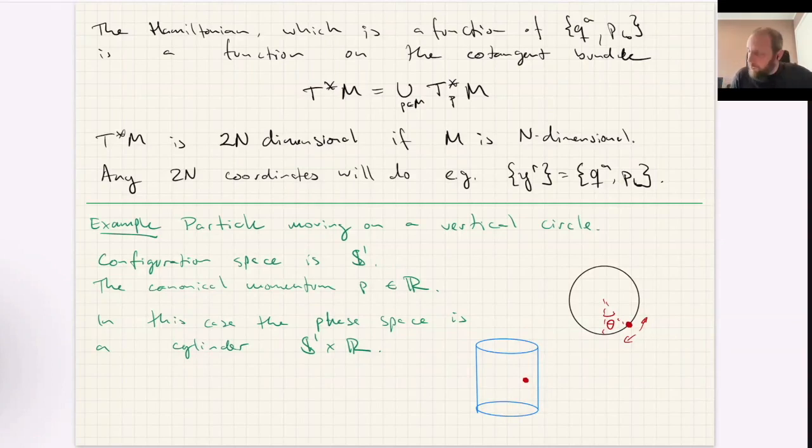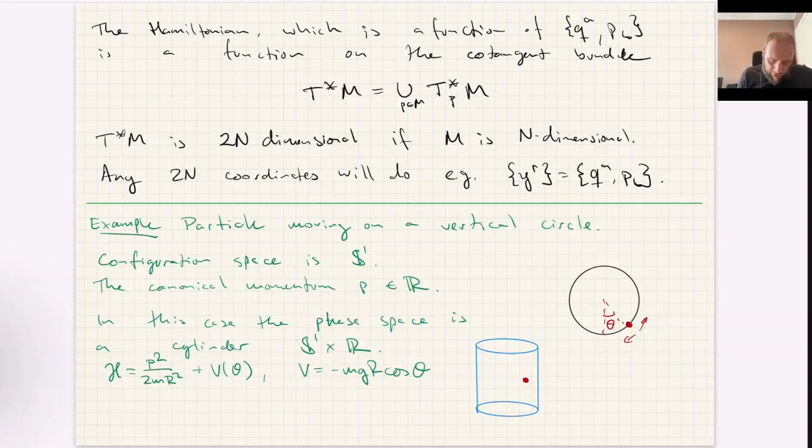And in general, of course, if you want to write down the equations of motion, you would have that theta dot. Sorry, I want to just write down first the Hamiltonian here. That would be p squared over 2mr squared plus whatever potential energy I have. Typically, the potential energy would be minus mgr cosine theta, right?